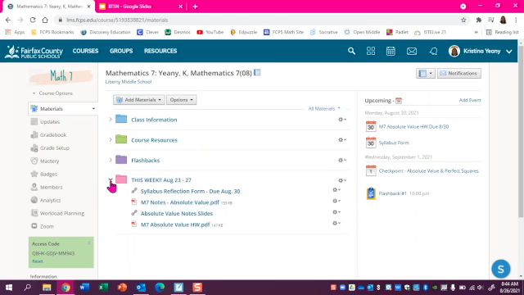Under the This Week folder, students can find all the materials needed for this week. Students will also be given paper copies of most items, and so sometimes these are just duplicates in case they lose their paper copy or want to look at it electronically. You can see that we have already started the first lesson on absolute value.